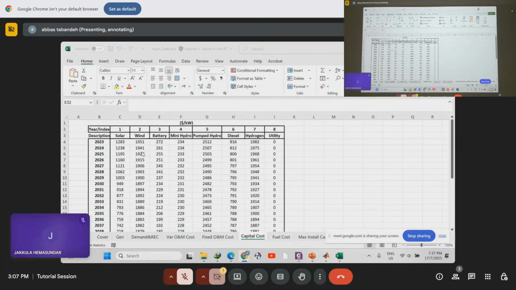If you see, we can understand that, for example, battery is cheaper, and mini hydro compared to other technologies, its price is very low. The most expensive one is hydrogen.